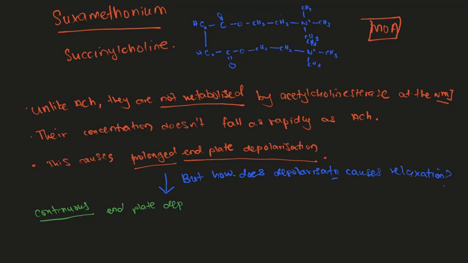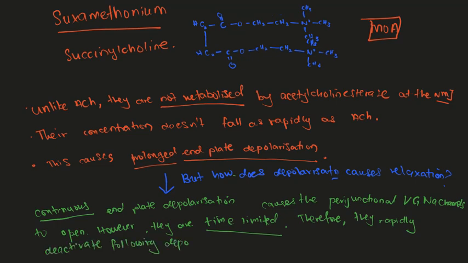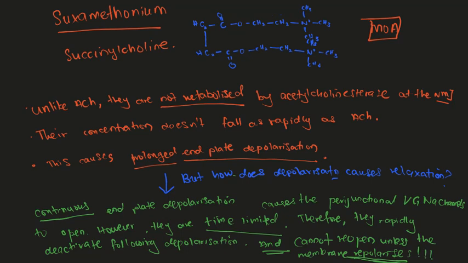The continuous end-plate depolarization causes the perijunctional voltage-gated sodium channels to open. However, they are time limited as well, so they rapidly close or deactivate following depolarization and cannot reopen unless the membrane repolarizes. So let's visualize it so that we understand it further.